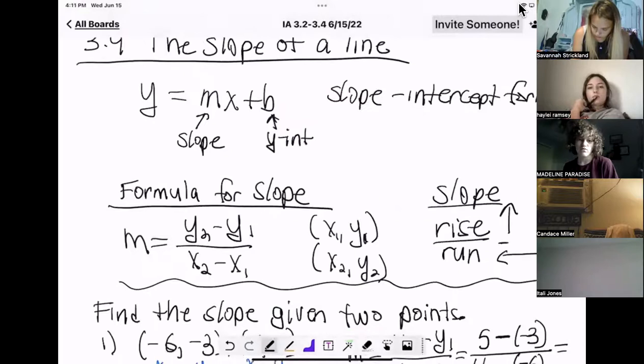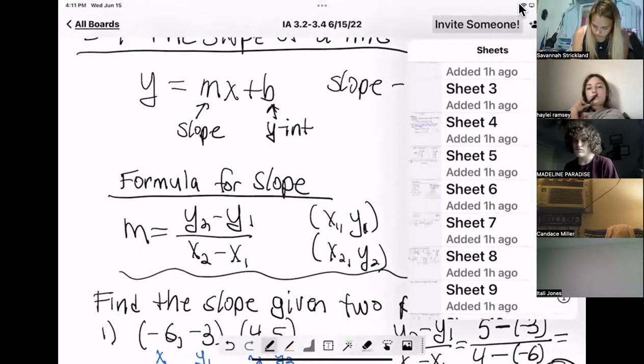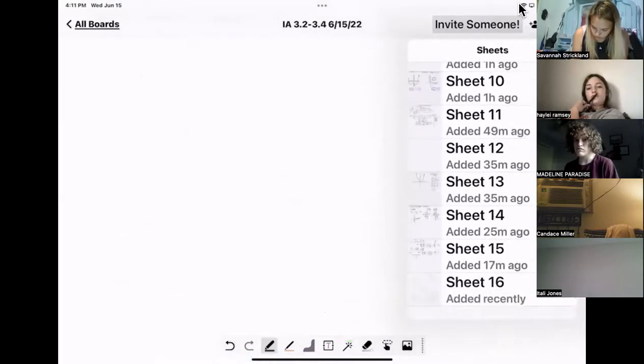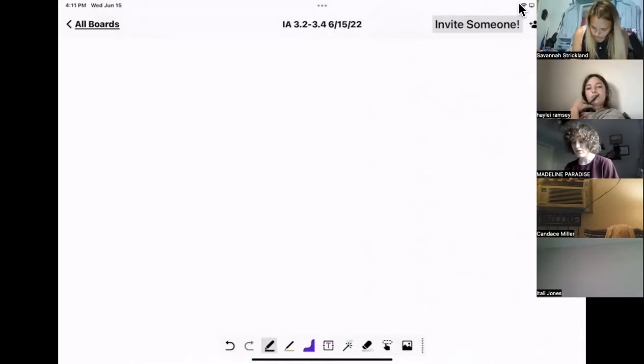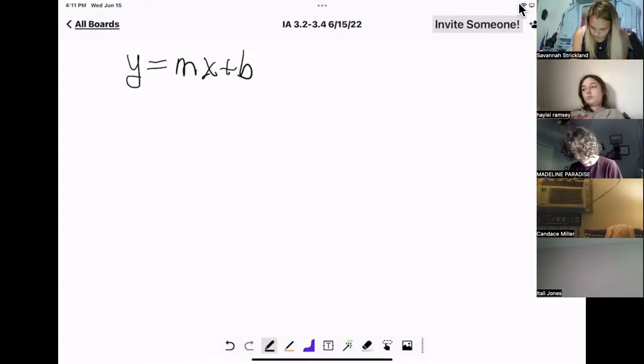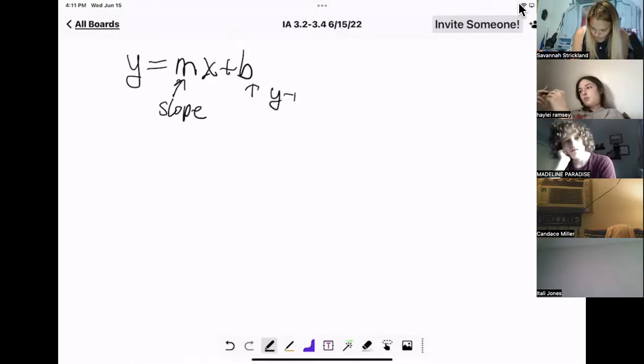All right, I'm adding a page, and then we're going to add on what we got. We just talked about the formula y equals mx plus b. It tells us two things: slope and the y-intercept.